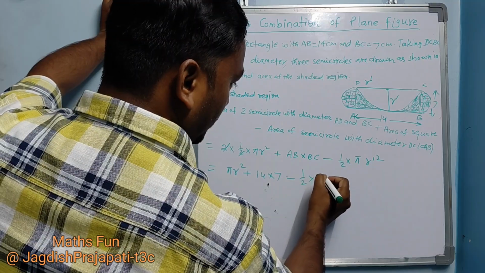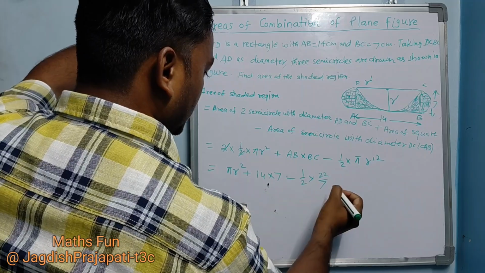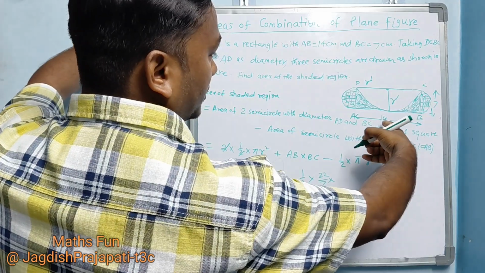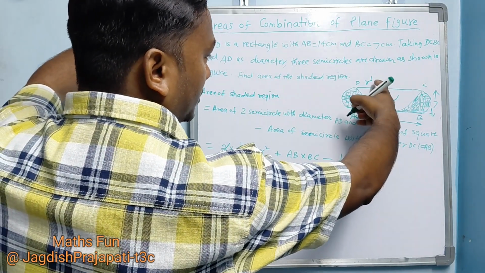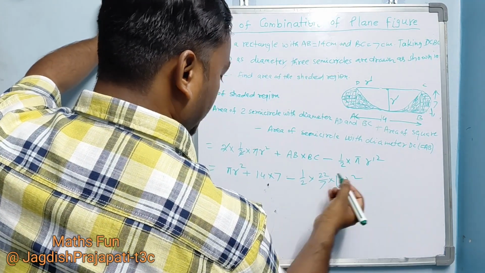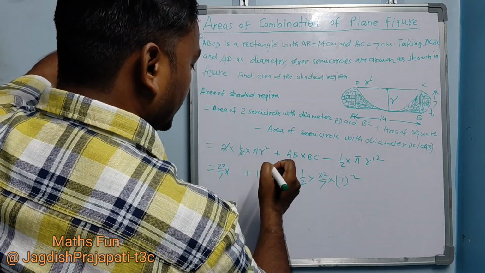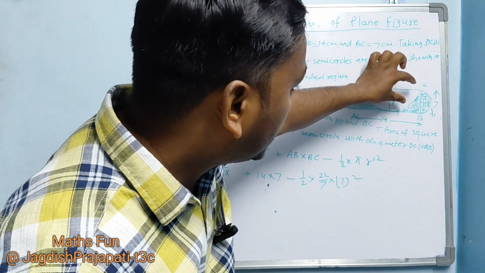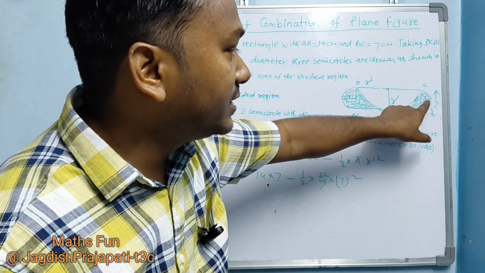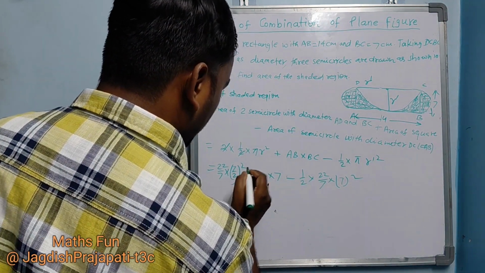So this is now pi r square plus AB is 14 into 7 BC minus 1 by 2 pi is 22 by 7 into r dash. This is the diameter and it is 14 centimeter, therefore radius will be half of it, so this will be 7. Here also 22 by 7 into, now see, this is the diameter BC and length of BC is 7, so radius will be half of it, that will be 7 by 2 square.